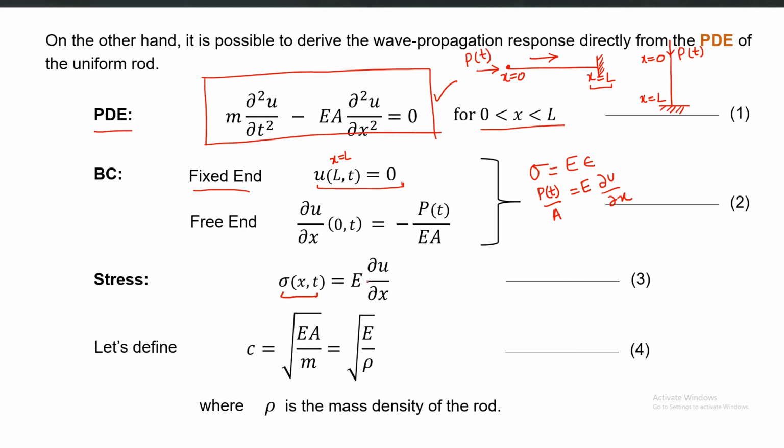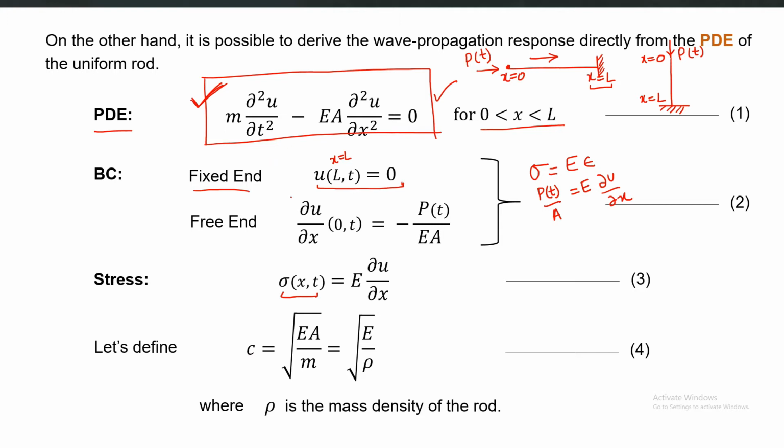Now let's try to solve equation 1 using the theory of wave propagation and not the classical modal analysis. Let's define a new constant c, equal to the square root of E A over m. This definition will help in simplifying equation 1 into a form that is easy to solve.